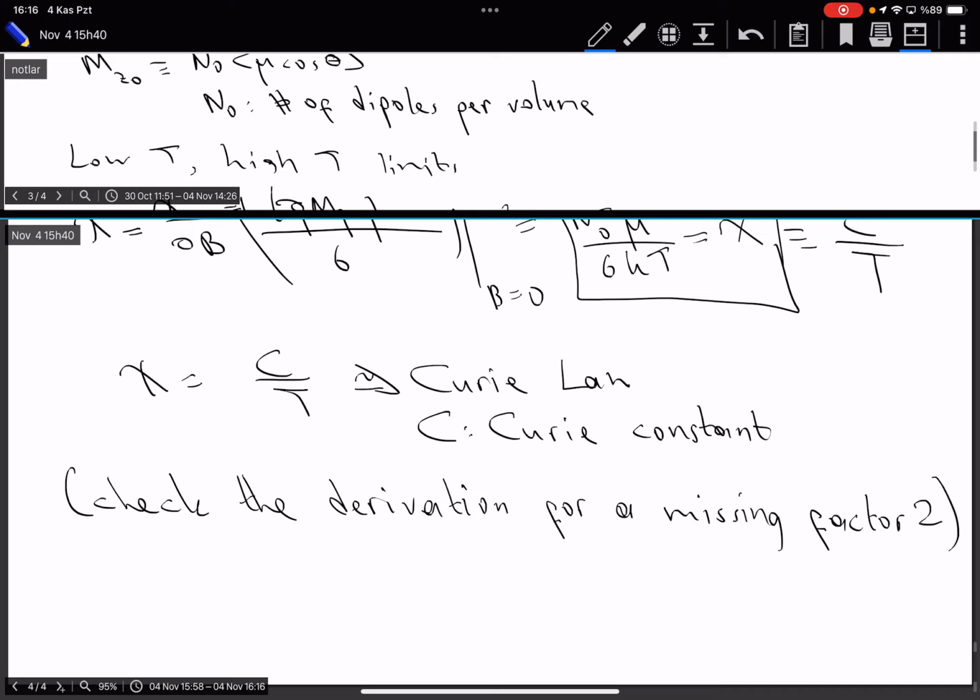Well, Curie law describes how the magnetization disappears when you increase the temperature of a magnet. You take any magnet. Well, here this is not a ferromagnet. This derivation is not applicable to a ferromagnet, but take any object. If you heat it to large enough temperatures, the magnetization will just disappear.